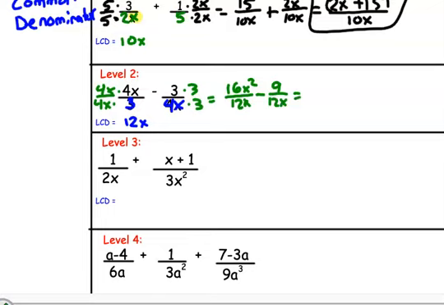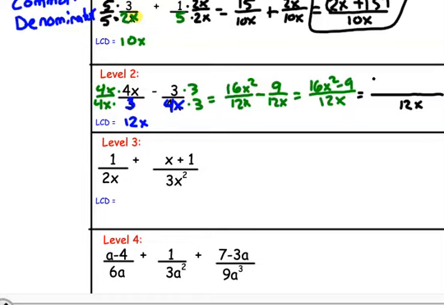Okay, when I subtract those, there's no like terms here, but I do have something I can reduce, because I have something up top called a difference of squares. Okay, so 16x squared and negative 9 are both perfect squares, so this is that type of factoring we keep using every once in a while, every day or two.